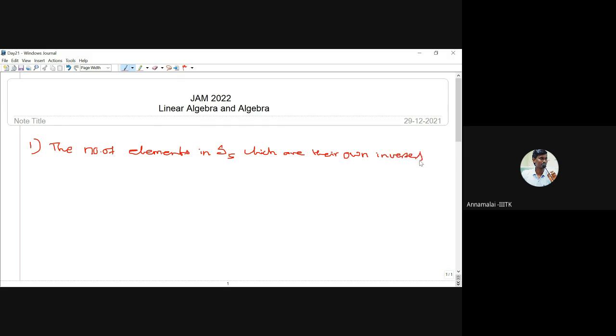How many elements have their inverse equal to itself? So that is the question.